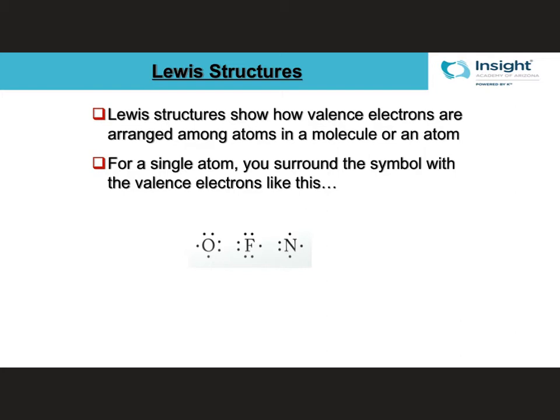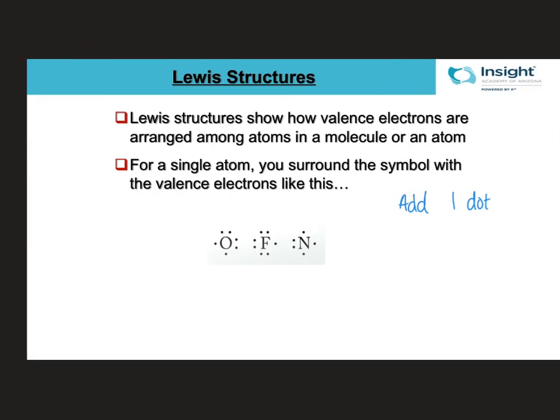One thing that isn't quite evident looking at these, but you can tell, especially looking at nitrogen, is that when you add the dots to a Lewis structure, you add 1 dot to each position and double up only after all 4 locations have at least 1 electron in there.